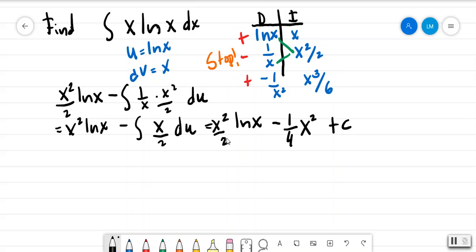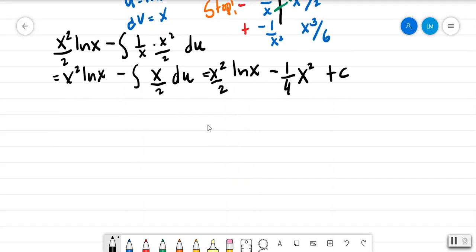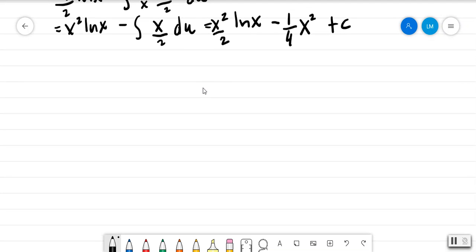Okay. Now, the last thing that I will talk about in terms of finding integrals with integration by parts is I want to demonstrate how we can use integration by parts when we're looking for a definite integral. So, for instance, let's say that you have the integral of 6x plus 7.